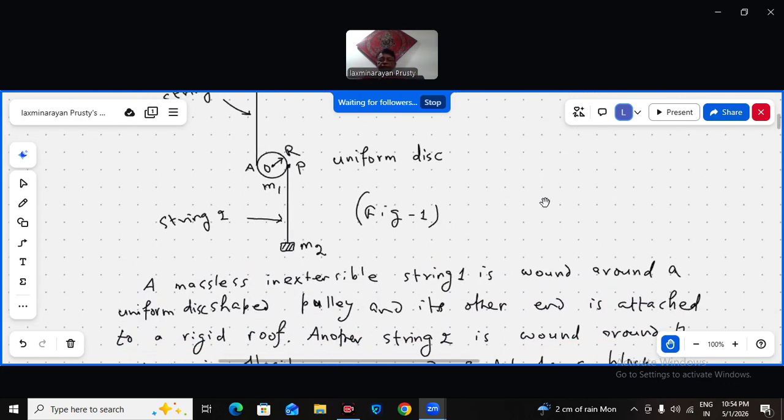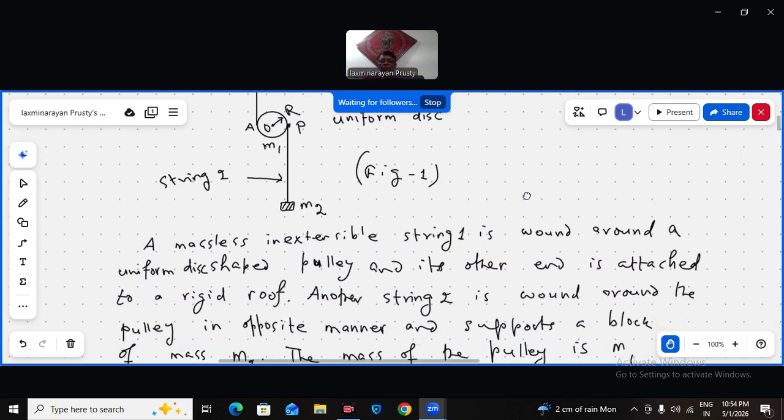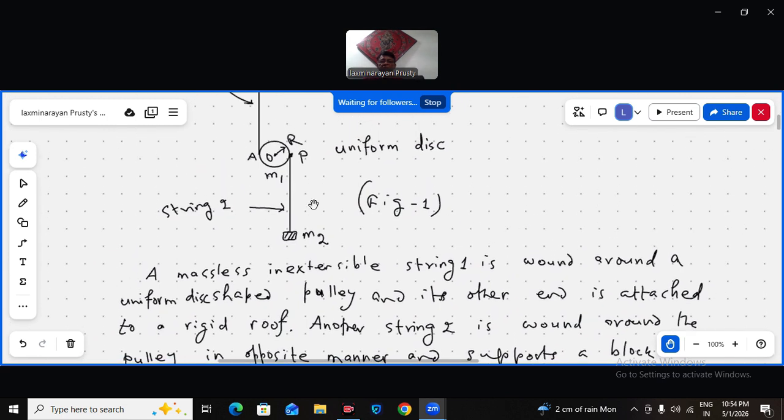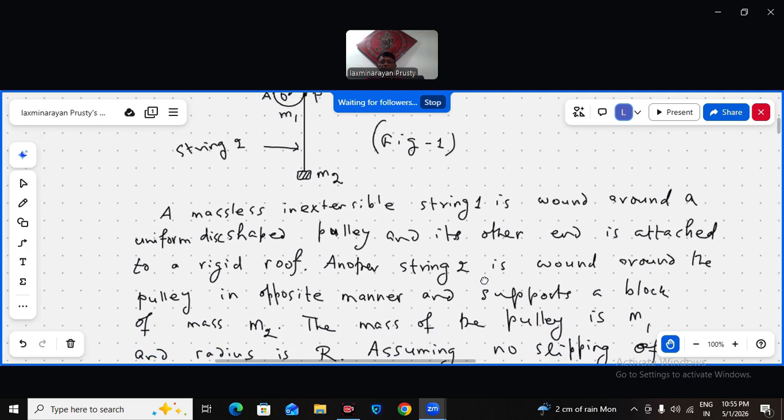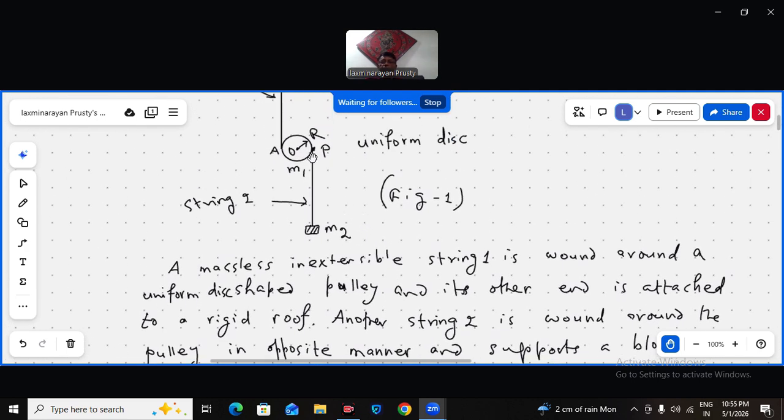Another string, string 2, is wound around the pulley. This is wound like this. And it supports a block of mass M2.